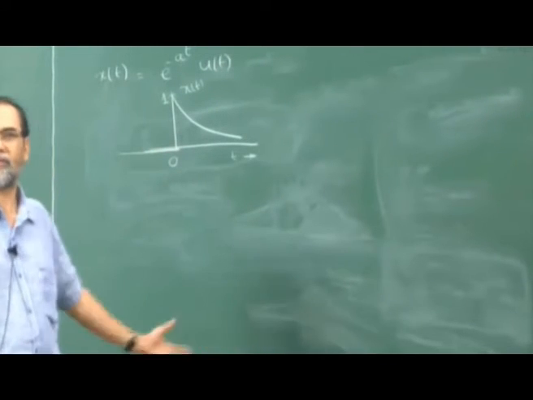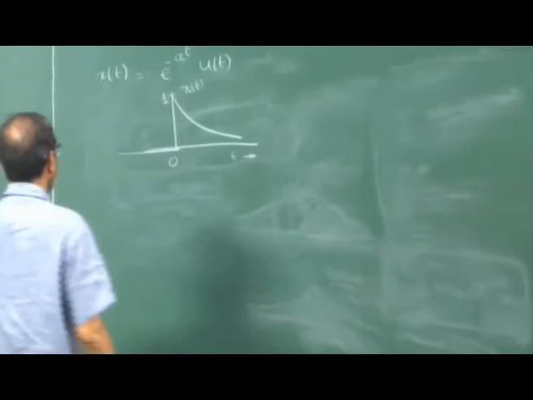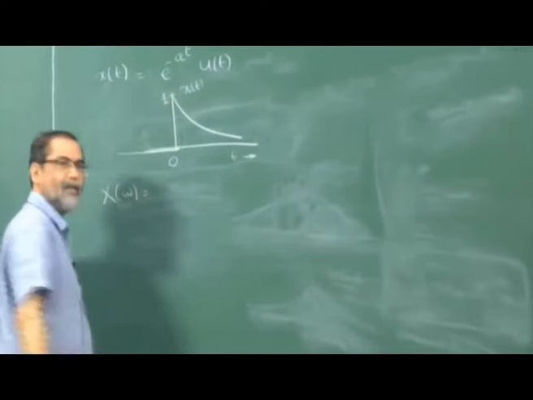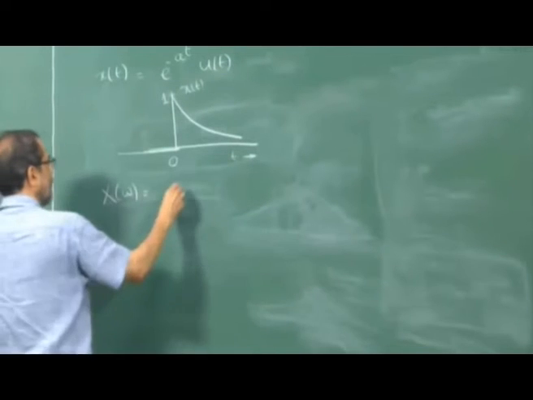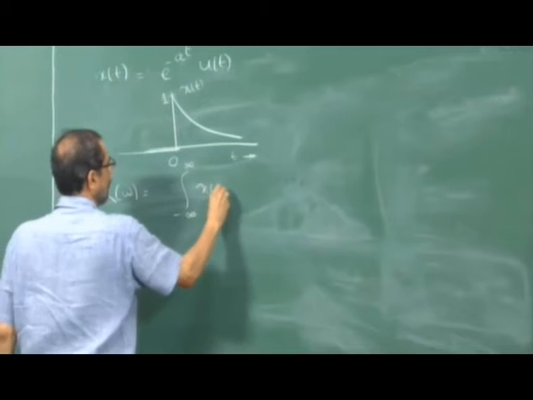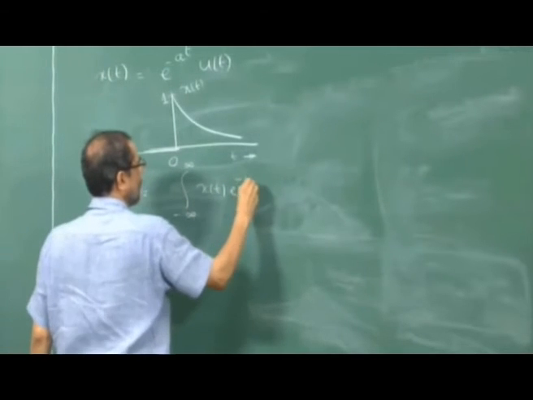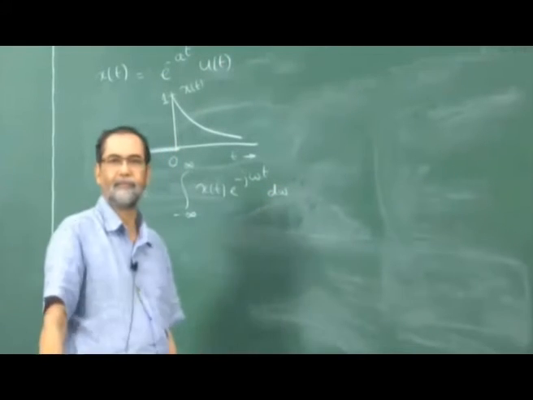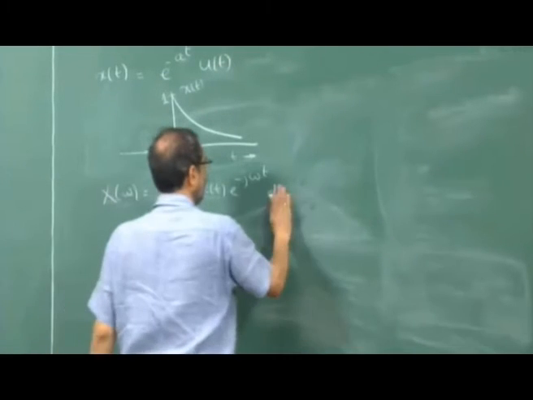This is the given x of t. Obviously, it is non-periodic. I can apply Fourier transform and compute x of omega. It's given by minus to plus infinity x of t e raised to minus j omega t d omega, sorry, dt.